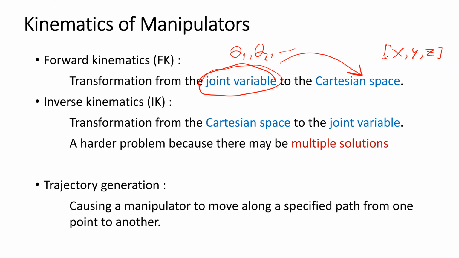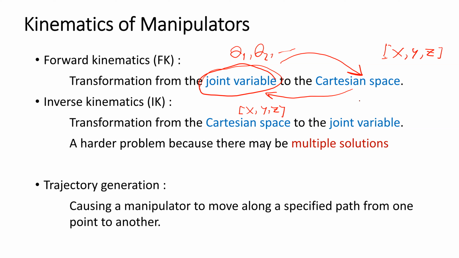And for inverse kinematics, the problem is the inverse. If we have a desired position for the robot, say we want the robot to go pick something on a table at position X, Y, Z, how can we know in which posture the robot should be?